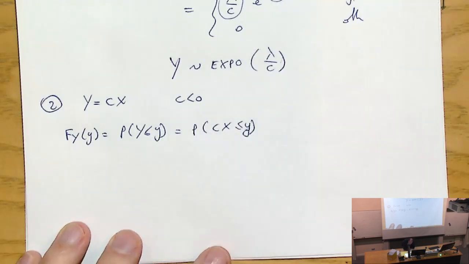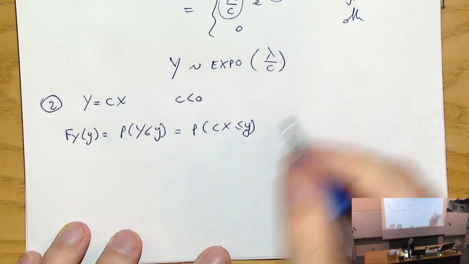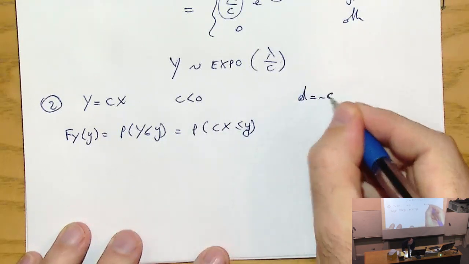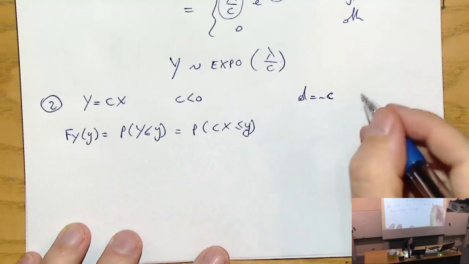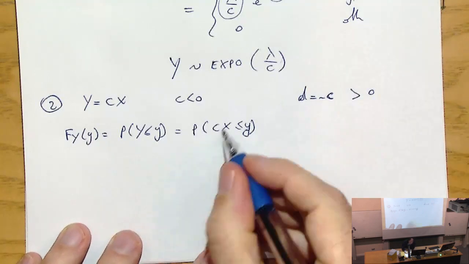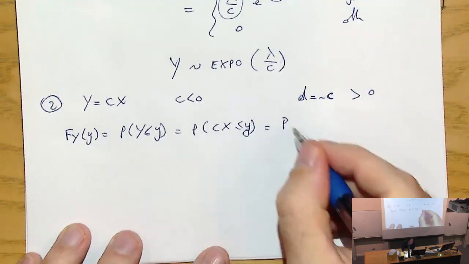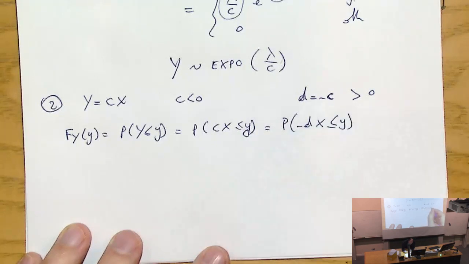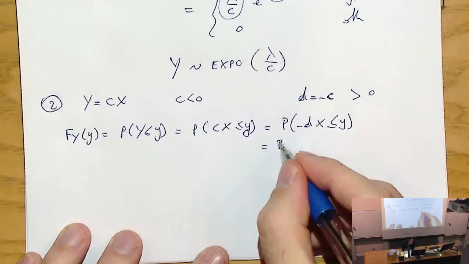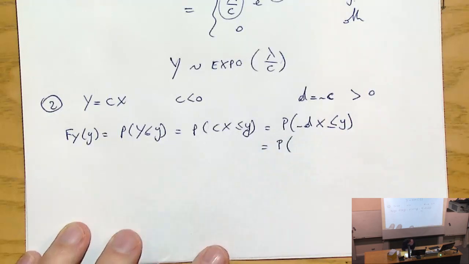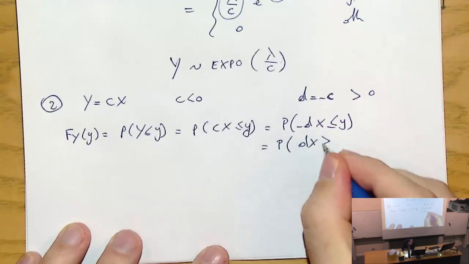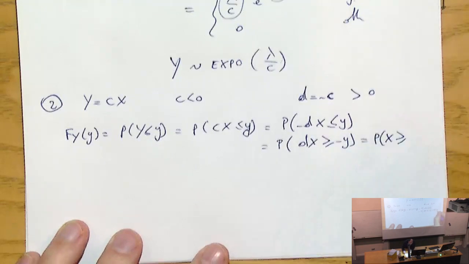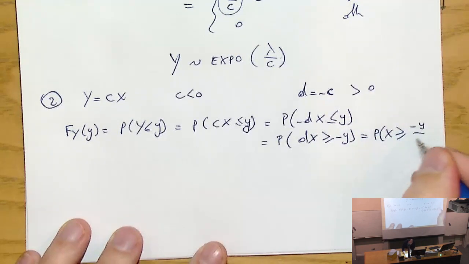So let's introduce, now that c is negative, d, that is minus c. Right, so d is now positive. So this is the probability of having minus d times x being smaller than y. This is the same as having the probability of dx being larger than minus y. This is the probability of having x being larger than minus y over d.